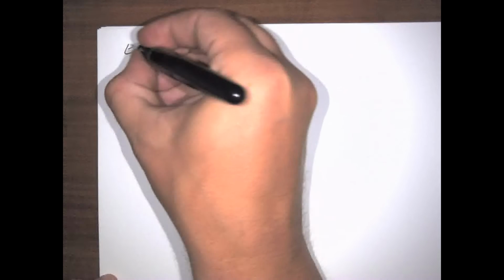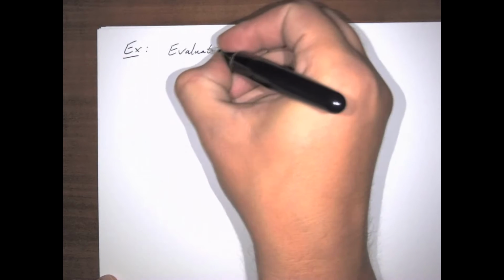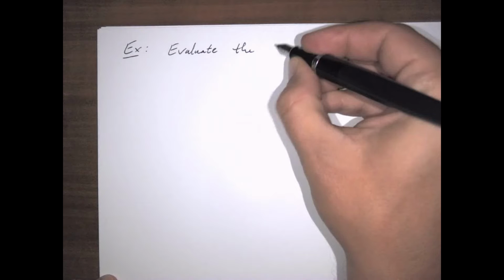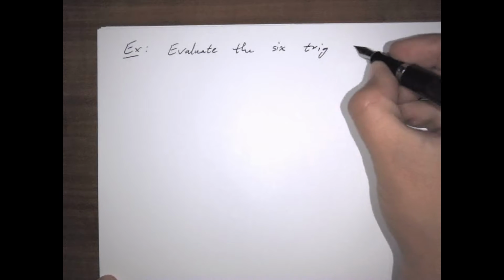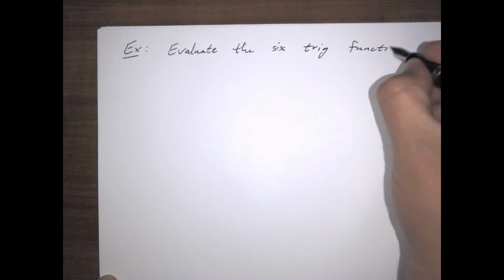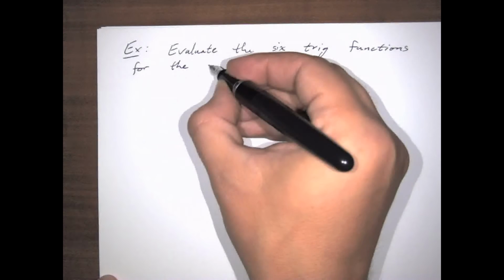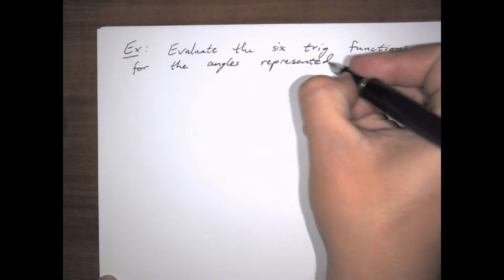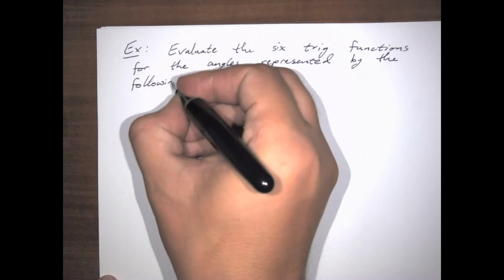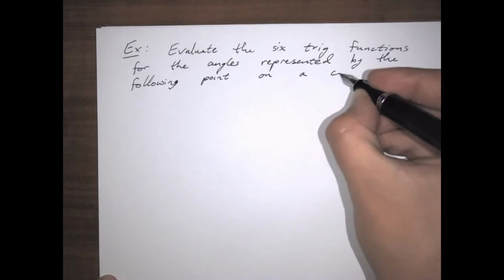Okay, so evaluate the 6 trig functions for the angles represented by the following points on a unit circle.